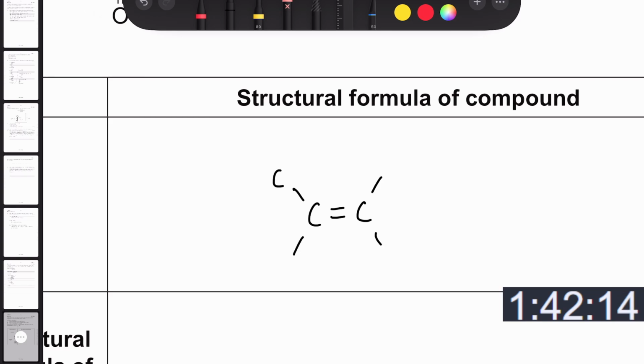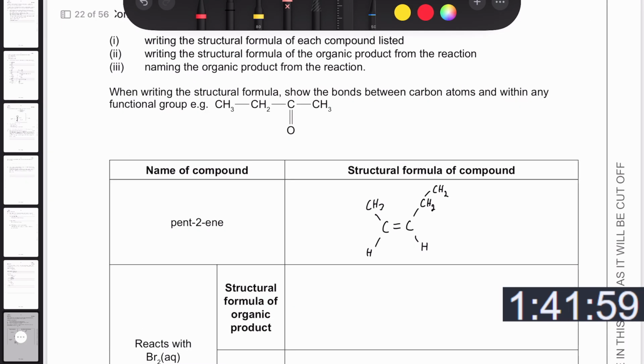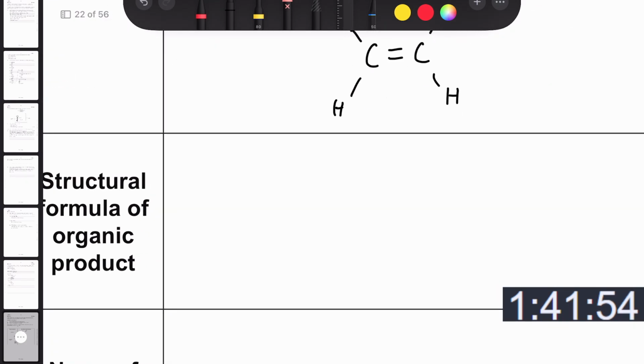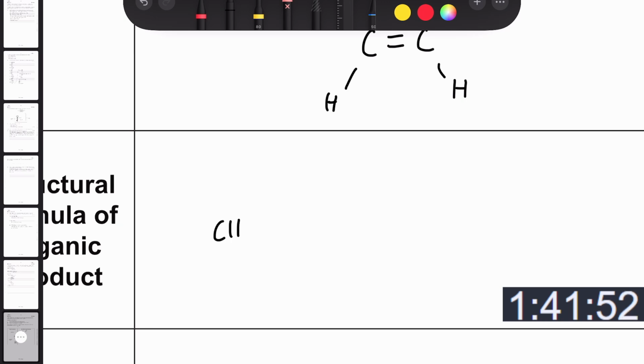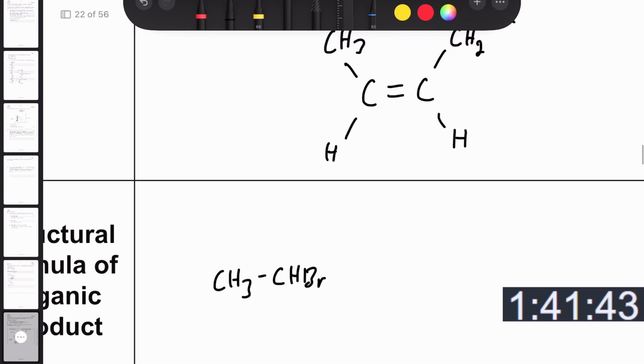So we can say CH3, CH2, CH2, and then that's H. And then the structural formula of the organic product is going to be CH3, CH, Br.